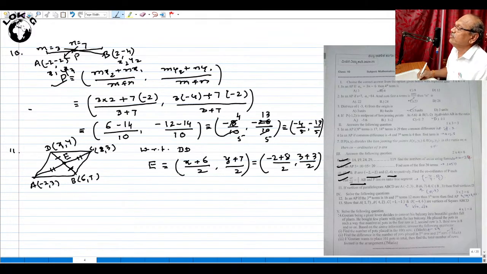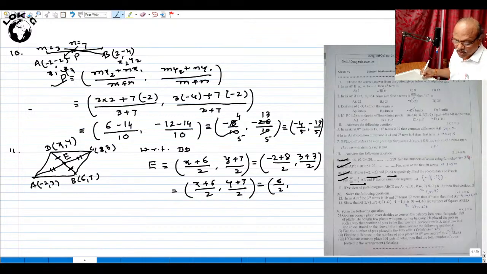See, these two ordered pairs will be equal, then you can solve for X and Y. This is the only way to solve this problem. X plus 6 upon 2, Y plus 7 upon 2. I hope you understood the method. And 8 minus 2 becomes what? 6, 6 upon 2. 3 plus 3 also becomes 6 upon 2.